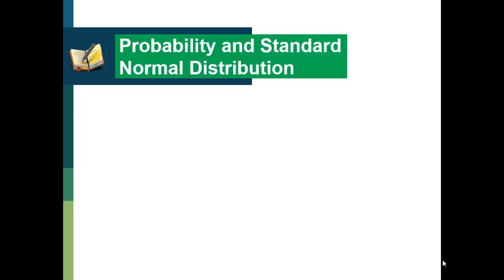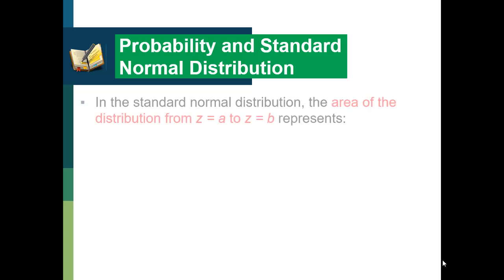Now let's apply the standard normal distribution to probability. In the standard normal distribution, the area of the distribution from z equals a to z equals b represents the following.